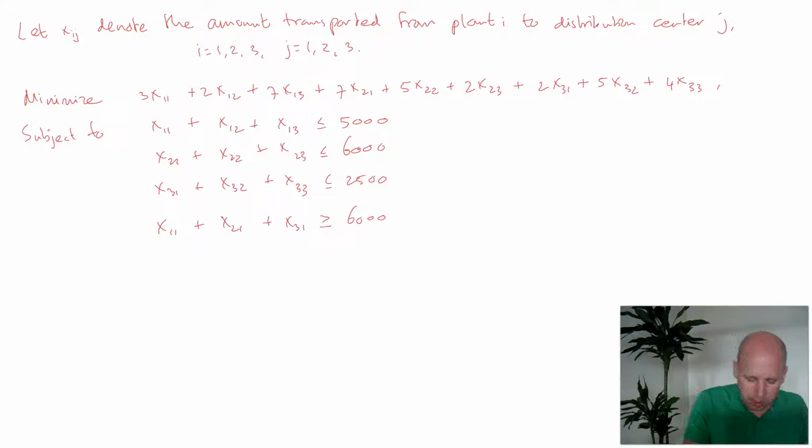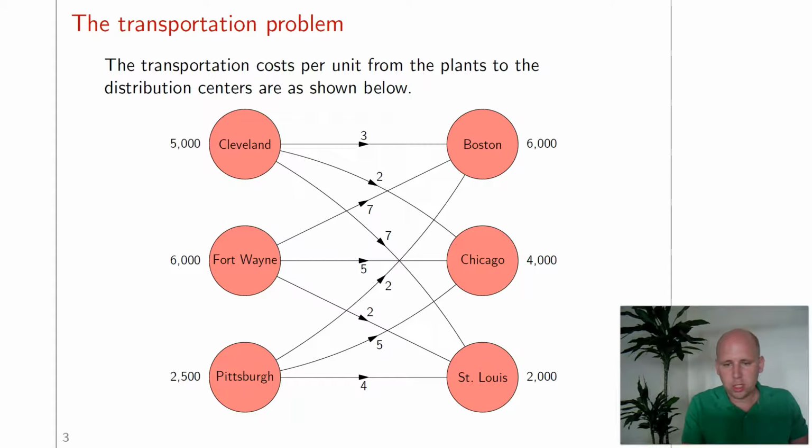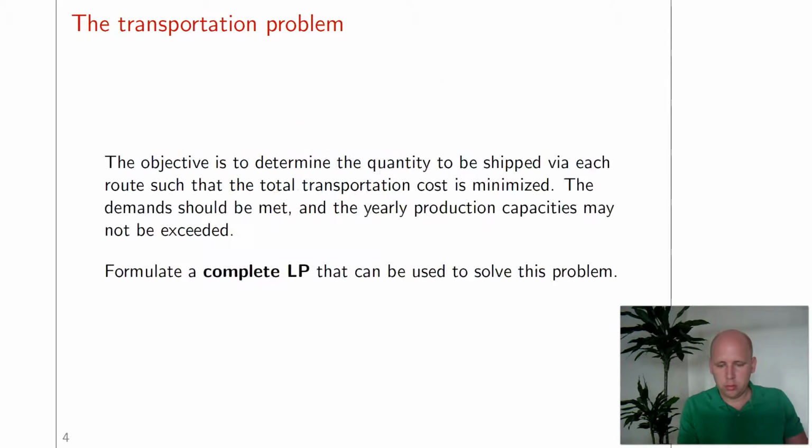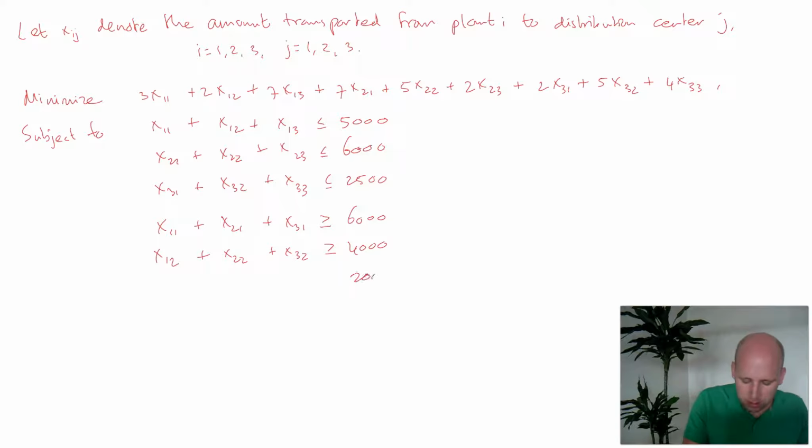So for Chicago we get X12 plus X22 plus X32. This should be greater than or equal to 4,000. And then for the last one we have 2,000 on the right hand side. So we get 2,000 here, and we have X13 plus X23 plus X33.